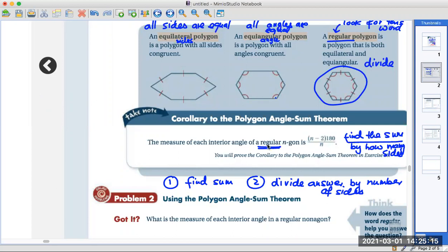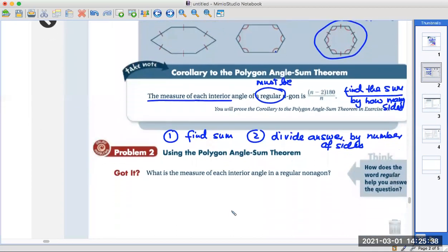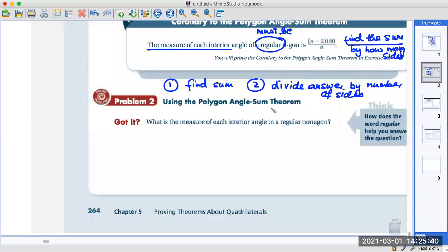So notice it only works if you have a regular polygon. So this is why this word is so important. If it's not regular, you cannot find the measure of each interior angle. Yeah, it must be regular. Okay, so let's see if we can do this down here using the polygon angle sum theorem.